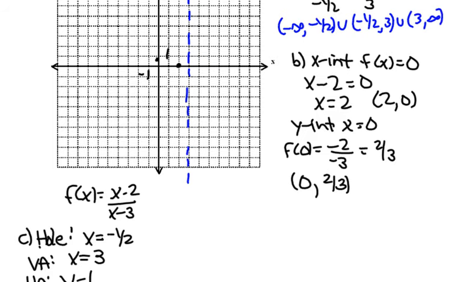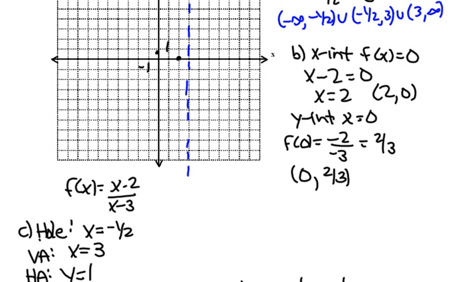And we have a horizontal asymptote of y equal to 1. Now, the other thing is we have a hole at negative 1/2. So approximately about here, that's a hole. Though it looks like a circle, that is a hole.